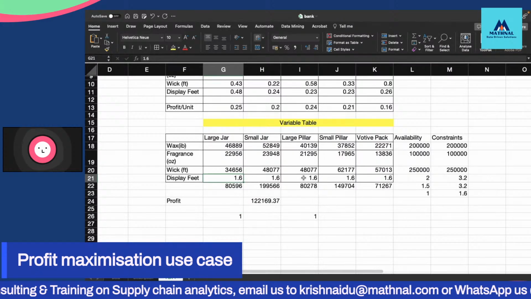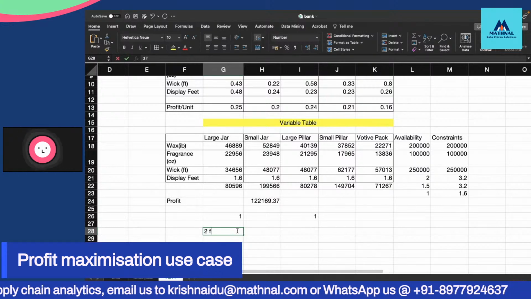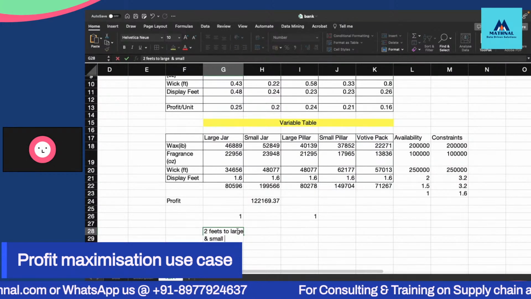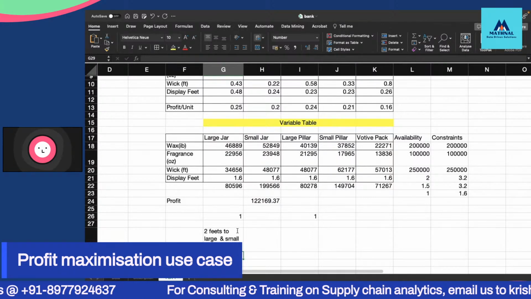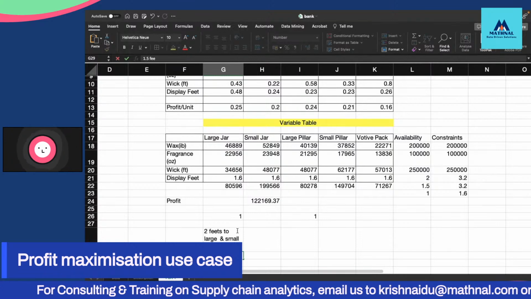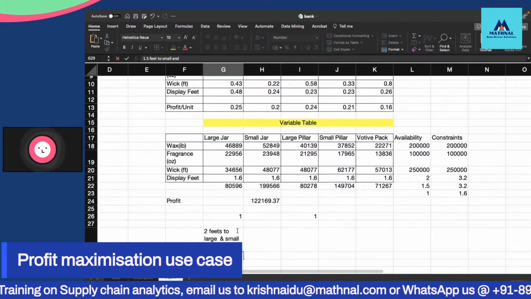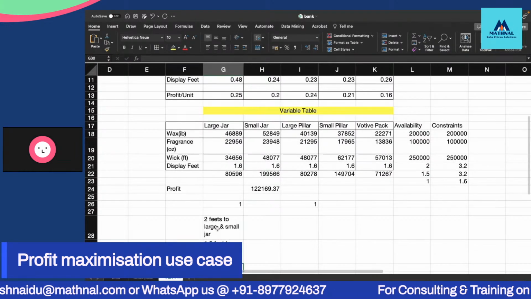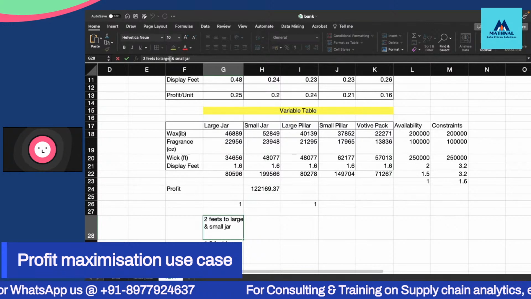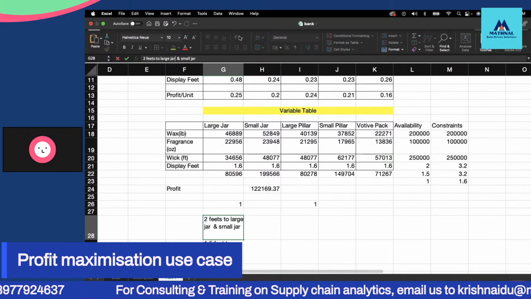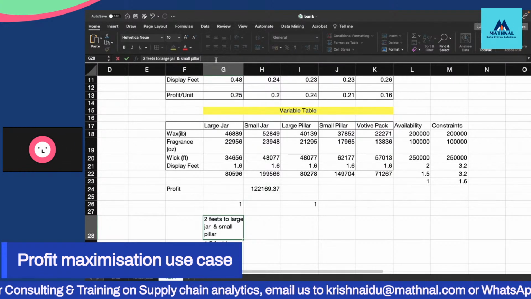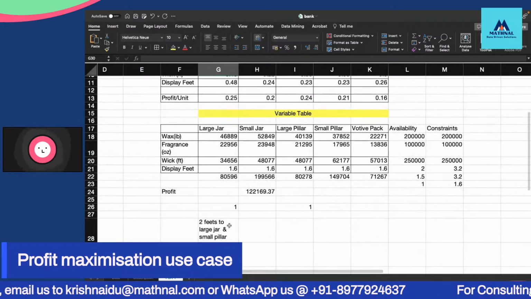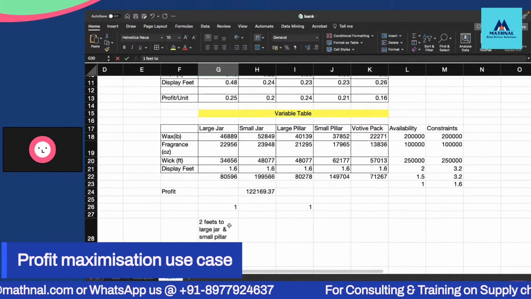For each store, they will be giving 2 feet to large jar and large pillar, 1.5 feet to small jar and small pillar, and they will give 1 foot to votive pack.